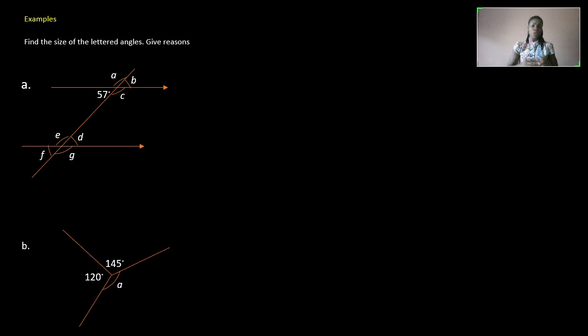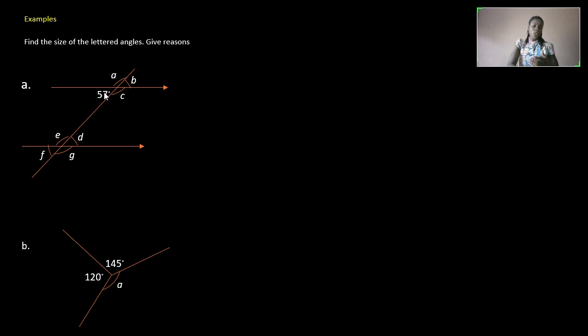And finding angle A, we are to equate the sum of angle 57 and A to 180, reason, the sum of angles on a straight line. And if you watch, there is a straight line here. This is a line, and angle A and angle 57 are on that line. So that means angle 57, adding it to angle A, is going to give us 180.